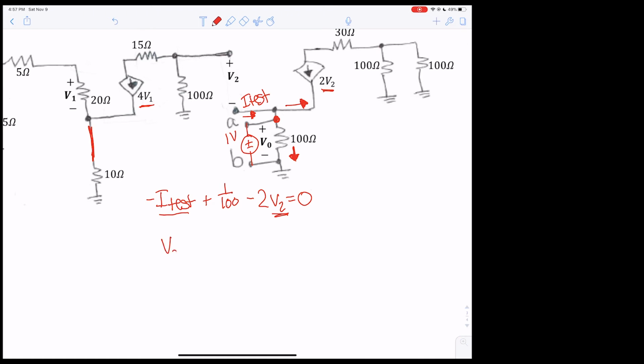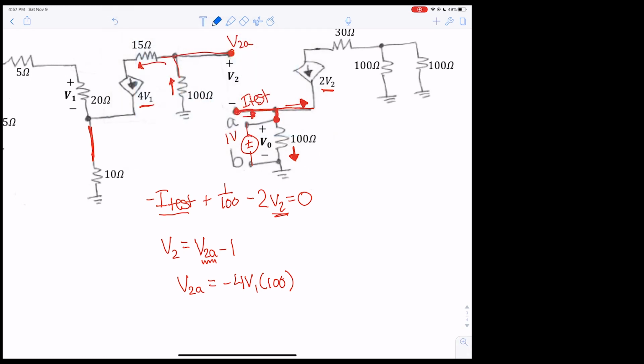And remember, V2 is the voltage at the top node, which I call V2A, minus the voltage at this bottom node, which in this case is 1 volt. So this is going to be V2A minus 1. V2A is the unknown. And again, that's going to be the current here, which is the same going through that whole branch. So V2A is a minus 4V1 times 100.